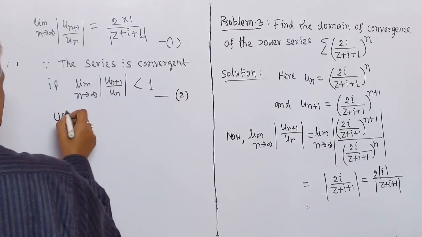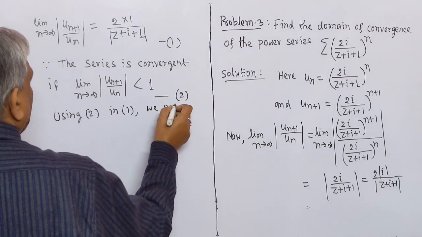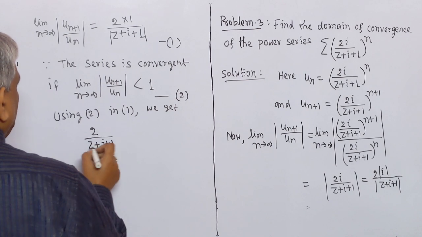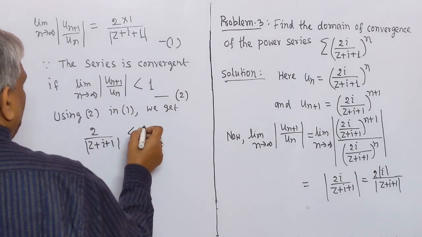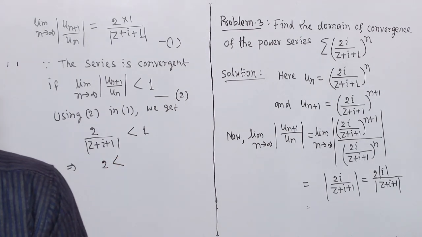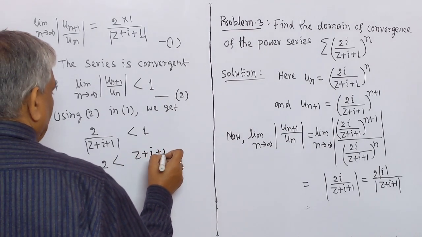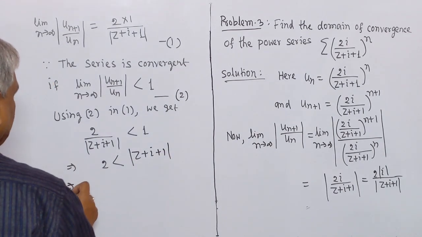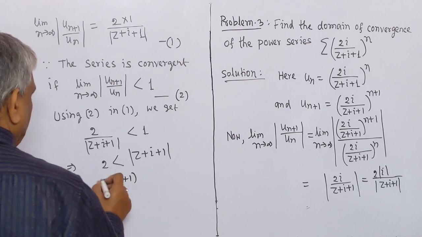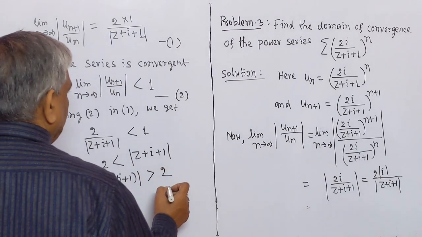Using 2 in 1, we get 2 by modulus of z plus i plus 1 less than 1, which implies that 2 is less than modulus of z plus i plus 1, which implies that modulus of z plus i plus 1 is greater than 2. This is number 3.